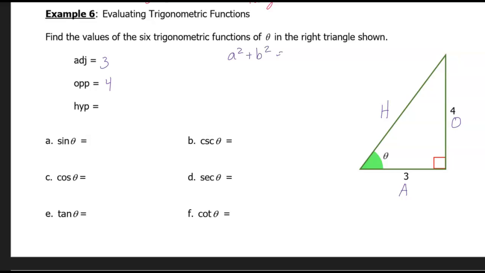But if you're not very good at memorizing Pythagorean triples, what can you do to solve? The Pythagorean theorem. If we're solving for the hypotenuse, it's always the square root of a squared plus b squared. So that's 9 plus 16, which is 25, and the square root of 25 is 5.